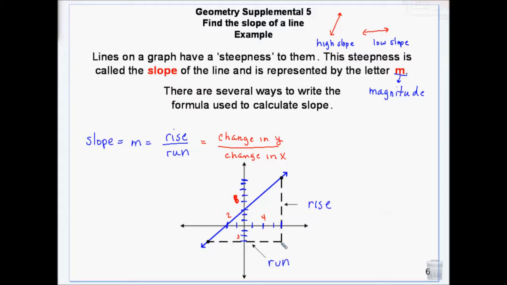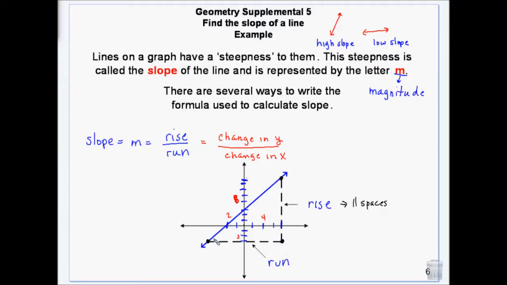We would do our rise, so how many spaces are we moving from here to here? Well, if we count up, I'd have 1, 2, 3, 4, 5, 6, 7, 8, 9, 10, 11. 11 spaces. And my run is how many spaces from here to here.